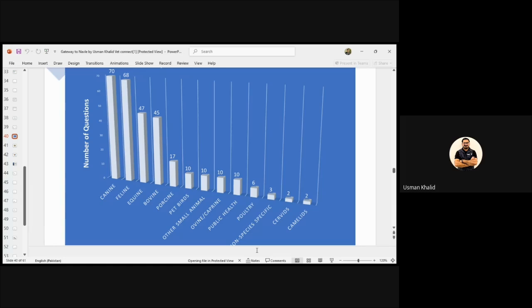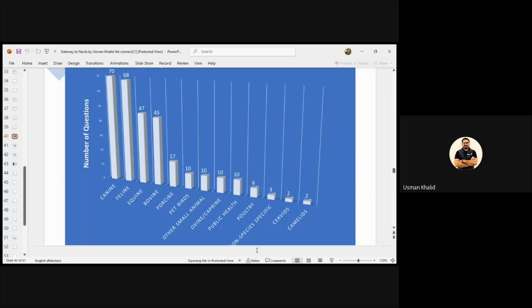But my main concern was this: if you look at this slide, camels, for example, are just 1%, and non-species-specific and public health questions are also just 1%. Yet people are getting more worried about those things than they should be, rather than about canine, feline, equine, and bovine. That's a really important thing to understand.